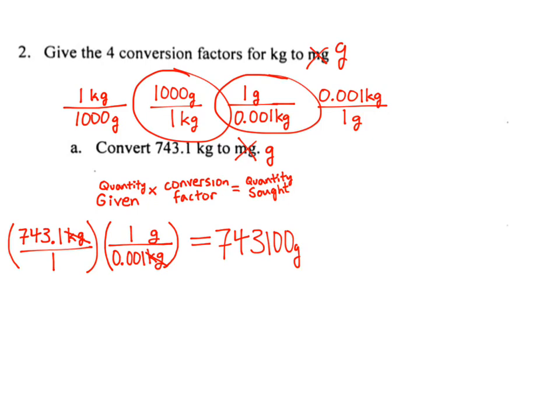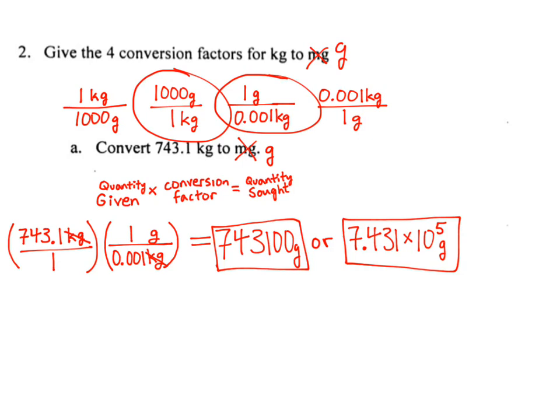And this is a relatively large number. We could convert this number to scientific notation, which is also probably a good practice. So we would say 7.431 times 10 to the 5th grams. Now either one of these answers would be considered correct. That's how we would convert 743.1 kilograms to grams.